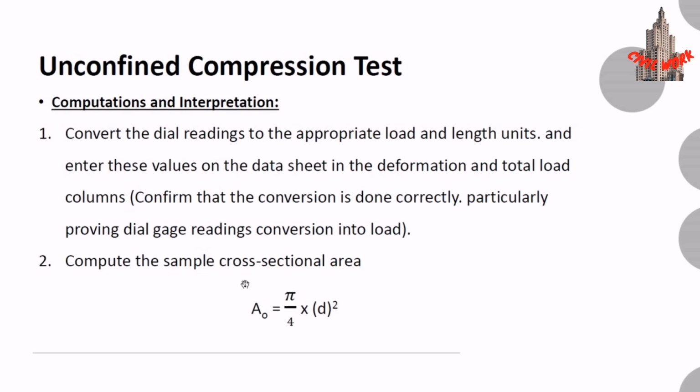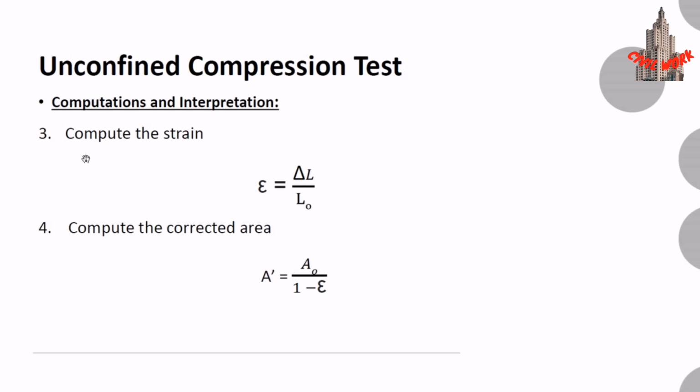Compute the sample cross-sectional area. Here we have the pi by 4 into D squared, which is the formula of area. D is the diameter, and it will be given at the start of the test. Then we have to compute the strain from this formula. Here we have the symbol of strain.